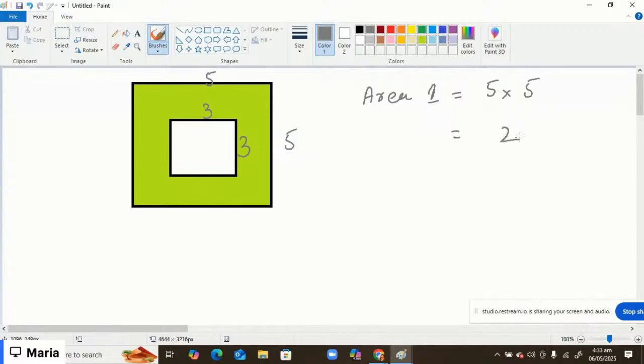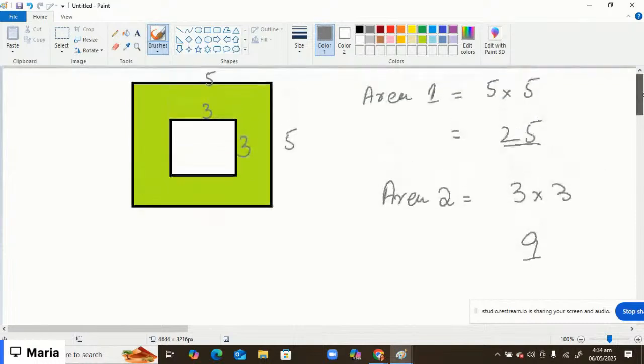So it means the outside square area is 25. Now how to find the area 2? That is 3 times 3. So 3 times 3 is 9. This is the area of the inside square and that is the area of the outside square.